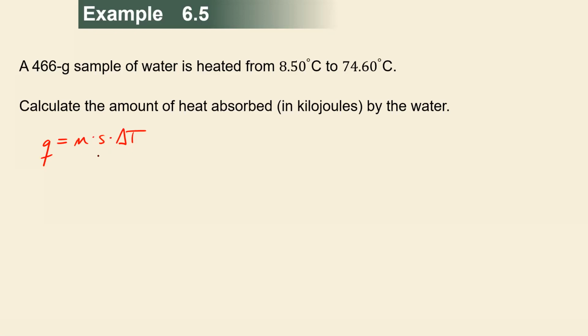We didn't know it to begin with, but I told you that the units on specific heat were joules per gram degree C. And so if we need joules for heat, then we know that our mass must be in grams and our temperature change must be in degrees C.